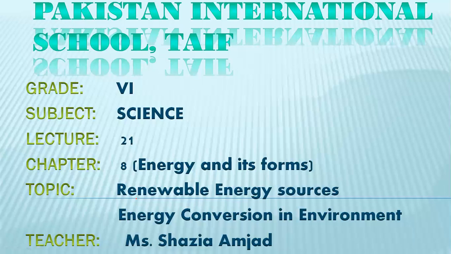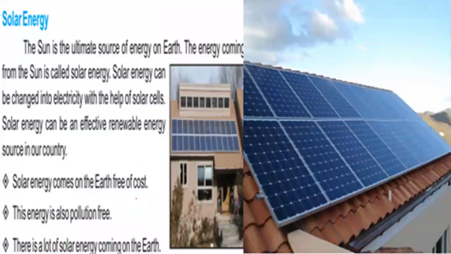So we have just started using some renewable energy sources, which are used for making different types of energies. In that, we have studied before hydroelectric energy as well as wind energy and biogas also.